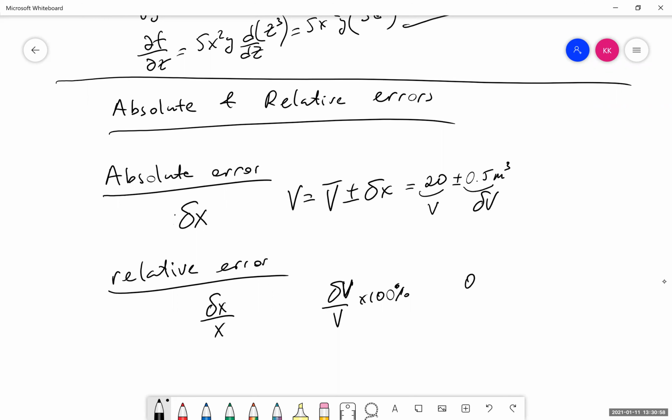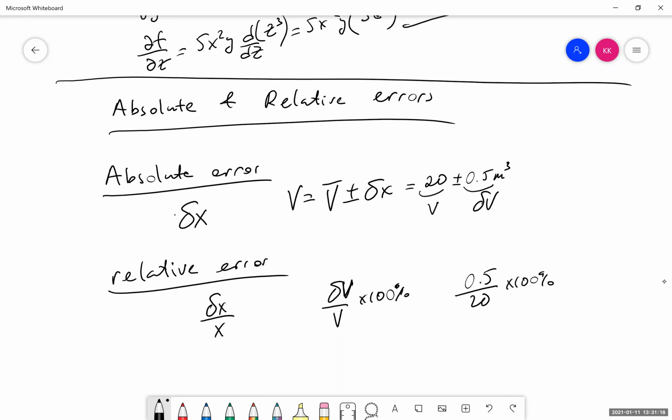So you can do 0.5 over 20, and that gives you the relative error. A lot of times it's going to give you a fraction, so you can just multiply by 100% to get a percentage. Sometimes it's easier.